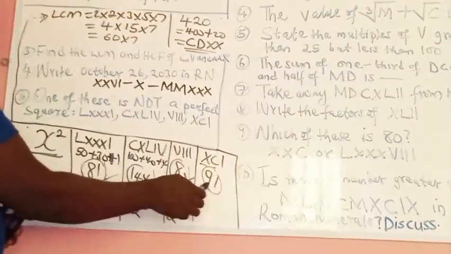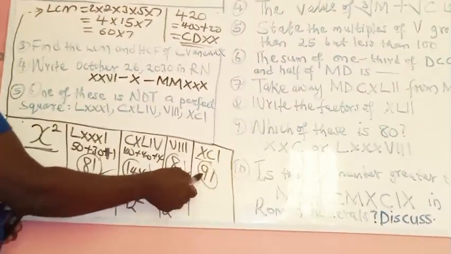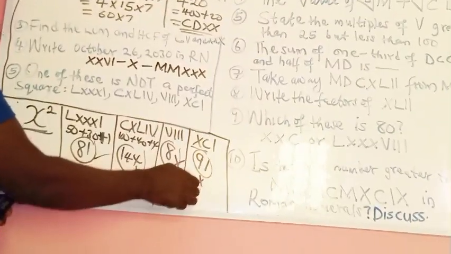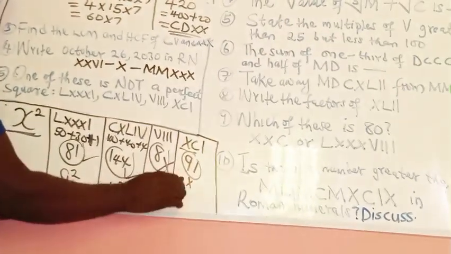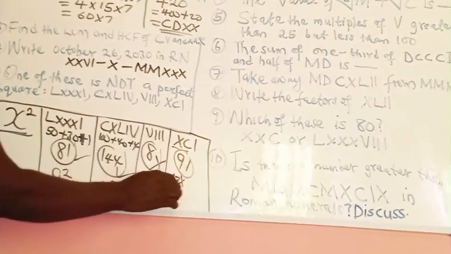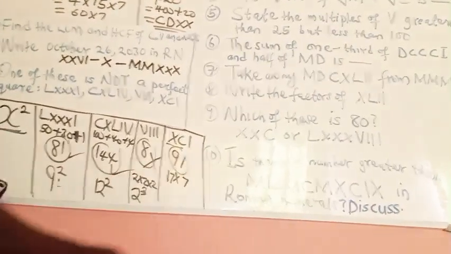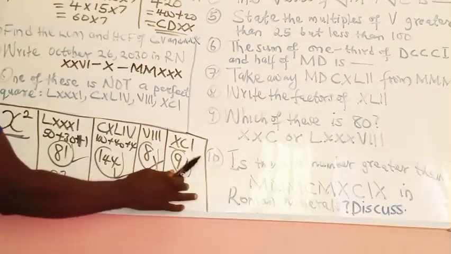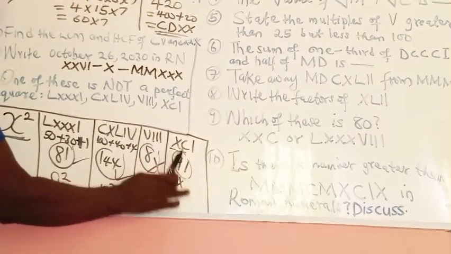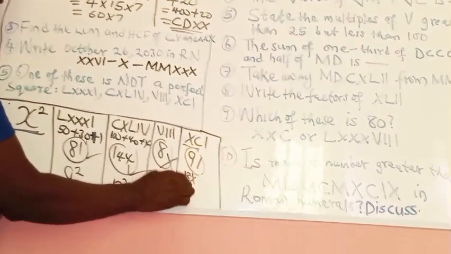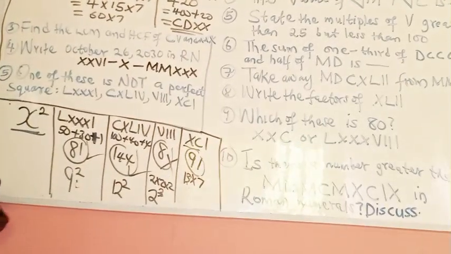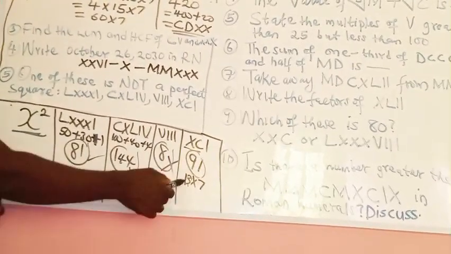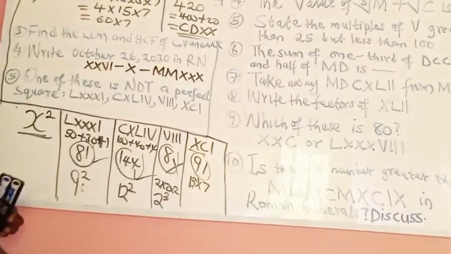So 91. 7 can go here. 7 in 9, 1, in 21, 7. So 7 can go here 13 times, because 13 times 7 is 91.